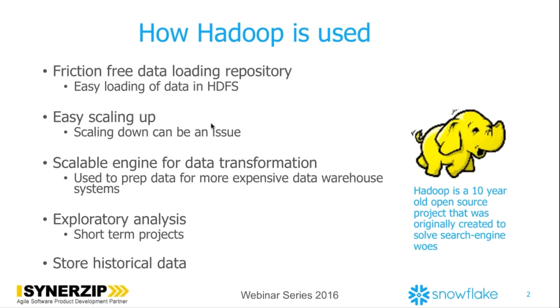It can be used to pre-process some of the data for more expensive data warehouse environments, which helps in doing some of the ETL before the data warehouse itself. It can also be used for short-term projects and to store historical data, typically beyond 3 years. That's the industry standard which it's used for.